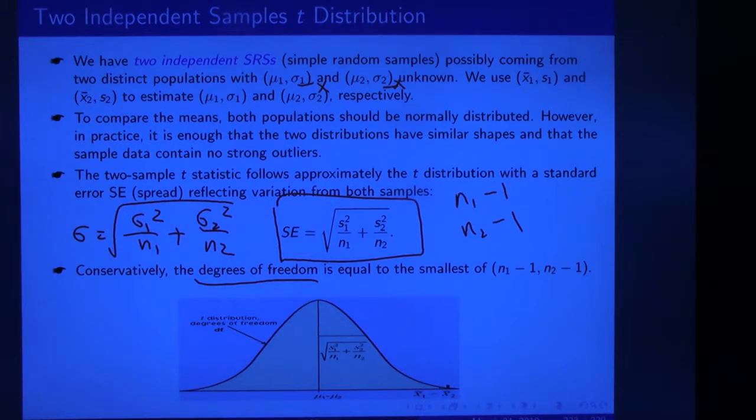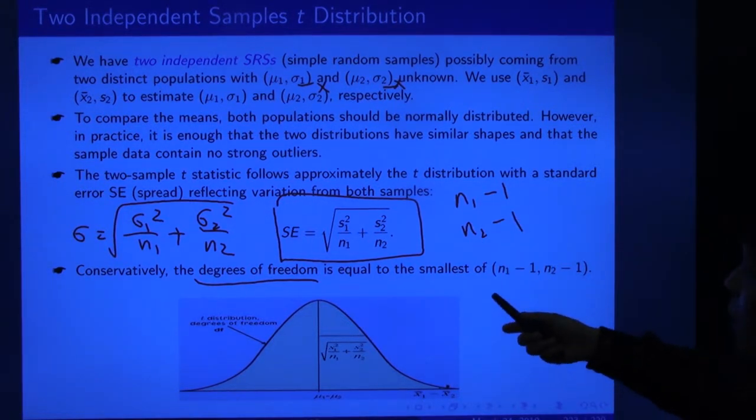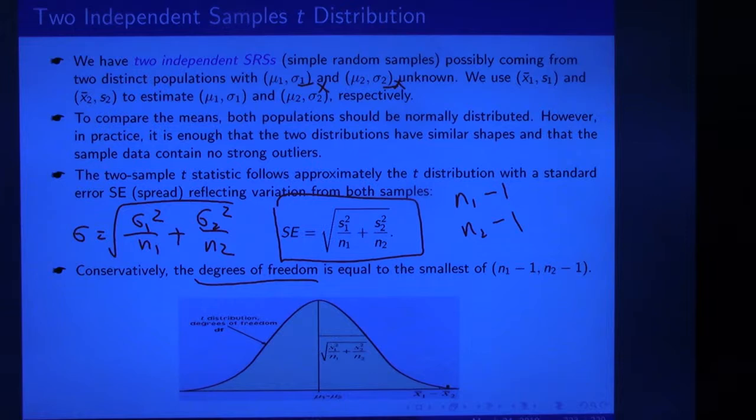Sometimes N1 and N2 will not be equal. So which one is the degree of freedom? To be safe, we choose the smaller one of these two as the degree of freedom of these two independent sample t distribution. So we are going to use the smaller one of these two degrees of freedom.